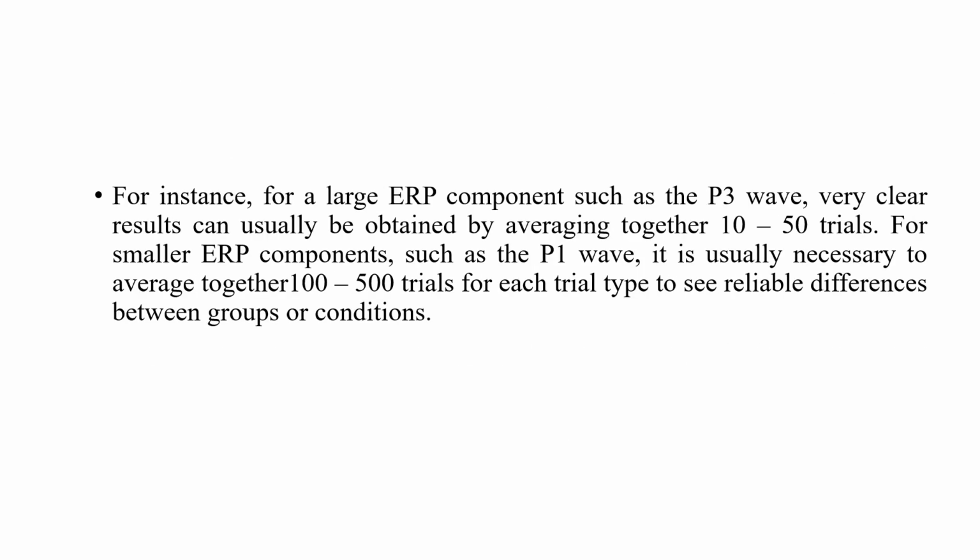So for instance, for a large ERP component such as the P3 wave, very clear results can usually be obtained by averaging around 10 to 50 trials. For smaller ERP components such as the P1 wave, it is usually necessary to average together at least 100 to 500 trials for each type of condition, for each trial type, to be able to see reliable differences between groups and between conditions.